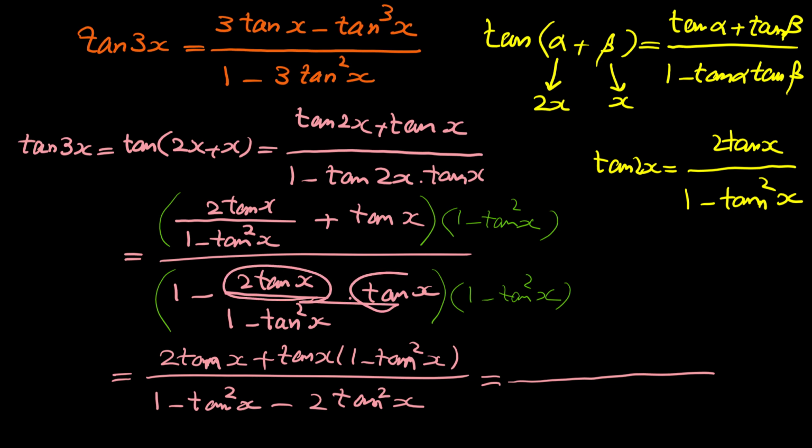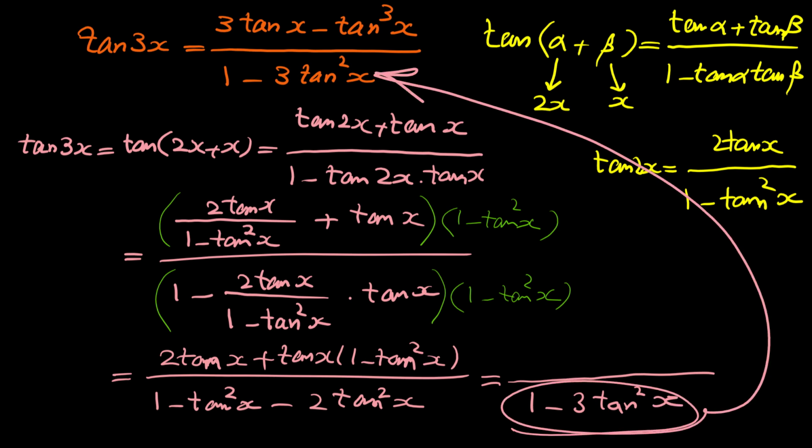Because this multiplies by this, and we have 2 tangent squared. Look at the denominator. 1 minus tangent squared minus 2 tangent squared is 1 minus 3 tangent squared x. This is exactly what we need to prove.